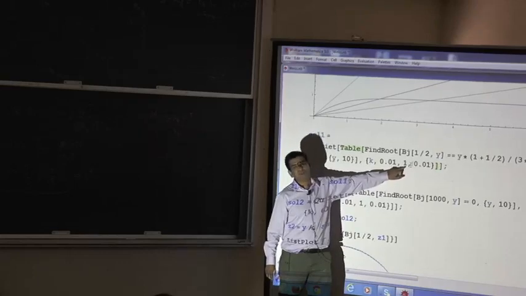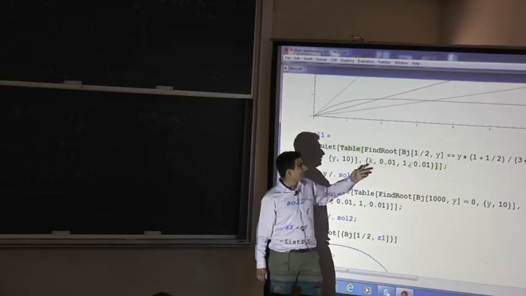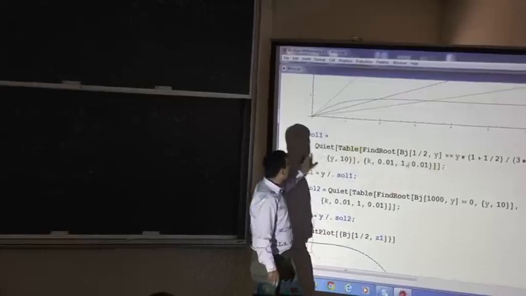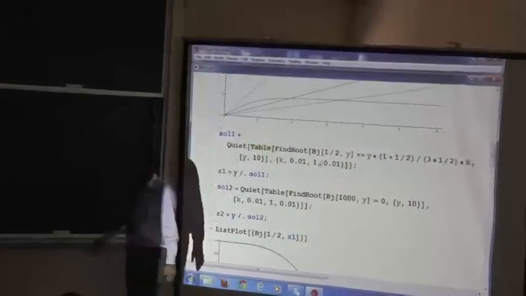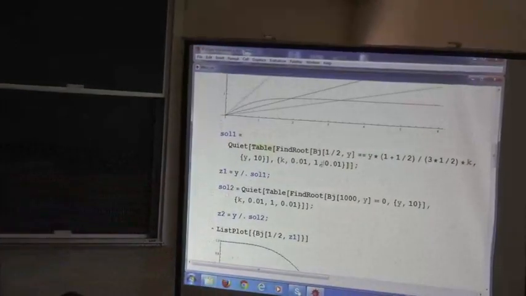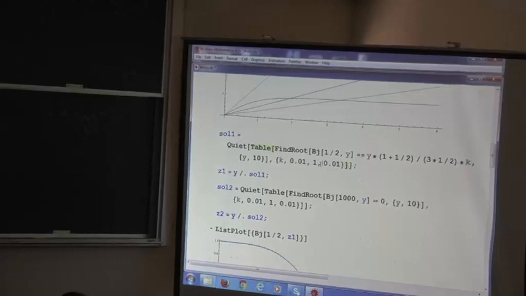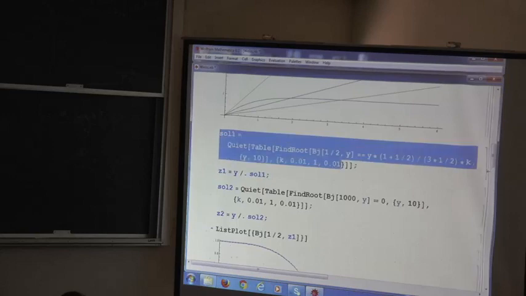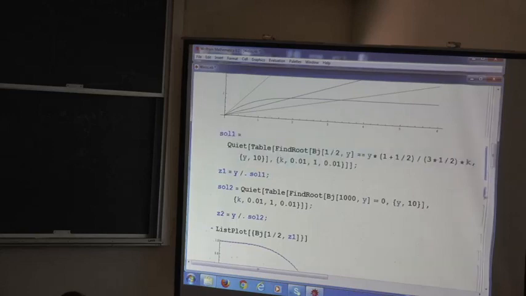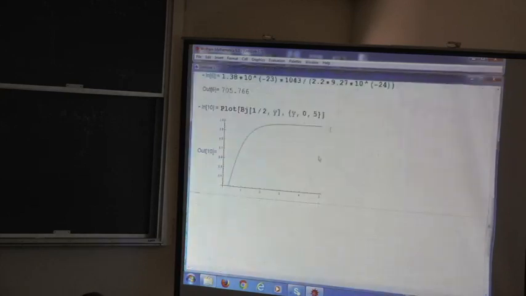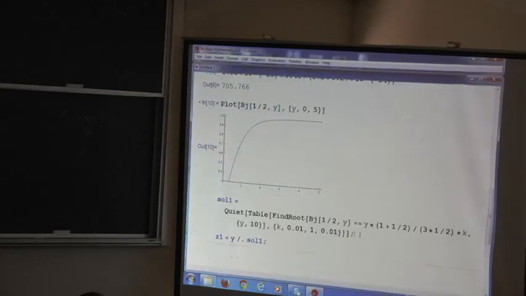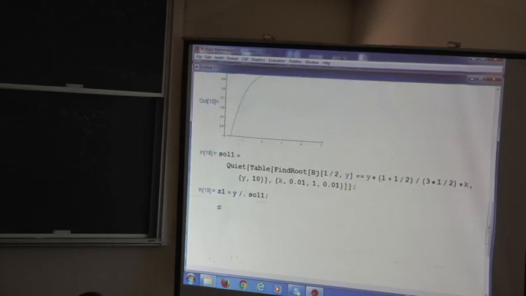This K equals 1 corresponds to the Curie point itself. So I'm varying K and I'm finding the solutions to this equation numerically. That's what I do here. So I find the solution. These are my solutions.